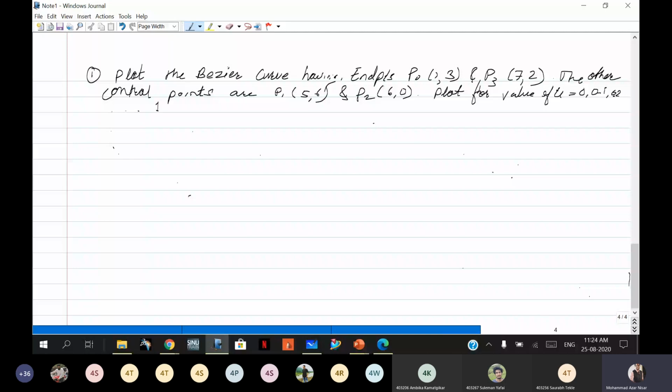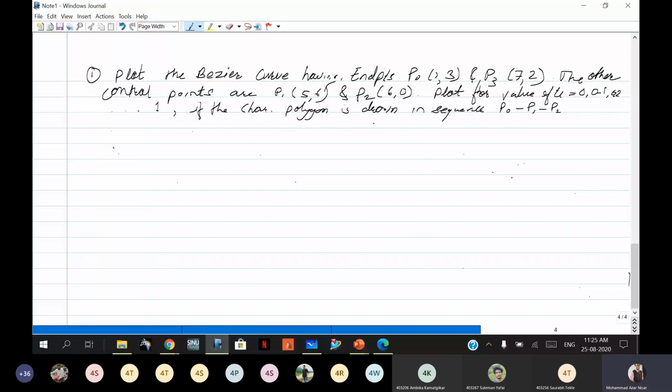If the characteristic polygon is drawn in sequence, they will ask you in sequence, means P0, then P1, then P2, and P3.